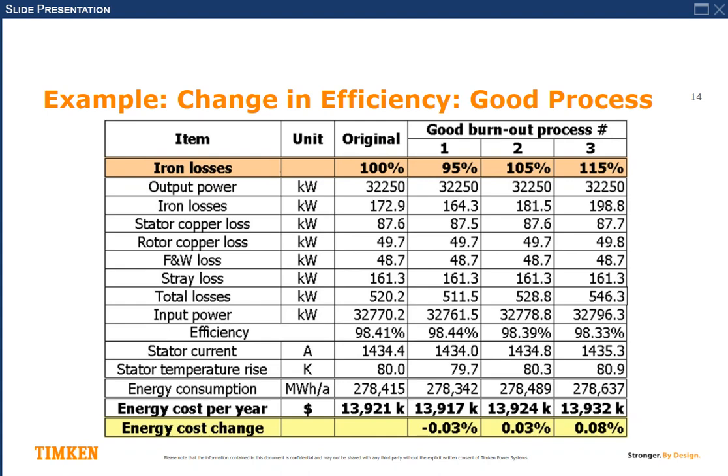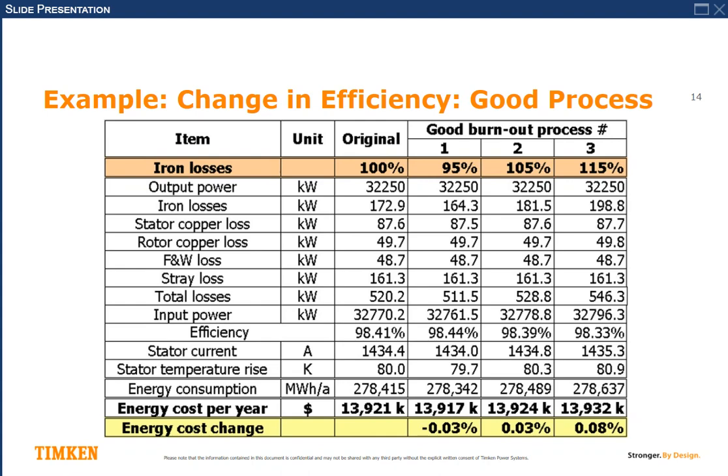Now, one other thing that's quite important is the stator temperature rise. Why this is important is that the stator temperature rise forms the chemical damage or aging of the stator insulation. And the higher the temperature, the quicker the insulation ages.